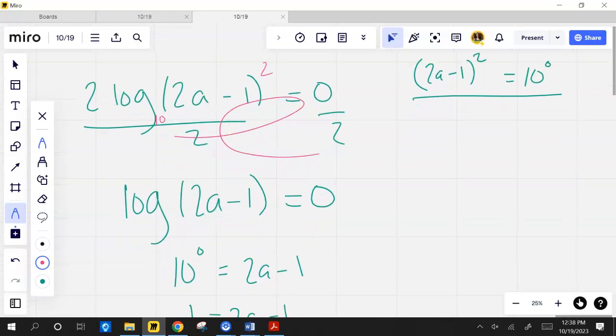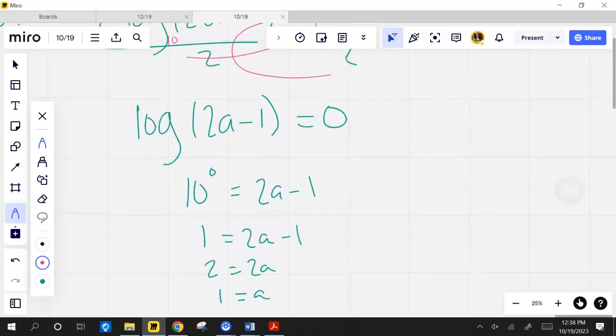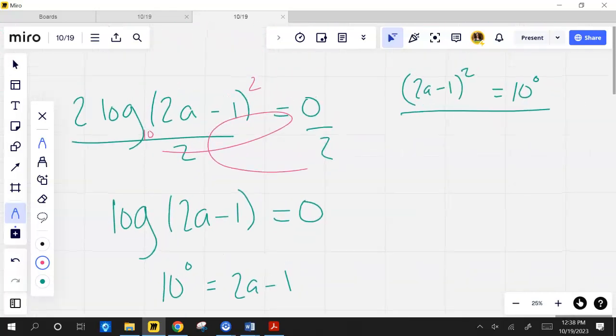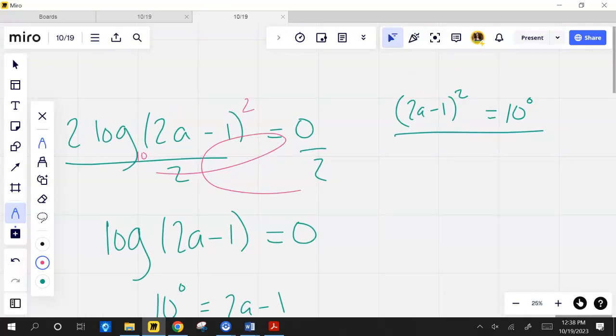I think 0 is an extraneous solution. Yes, 0 is an extraneous solution. It might work whenever you solve it through, but if you were to plug it back in, you can't have the log of a negative number, right?